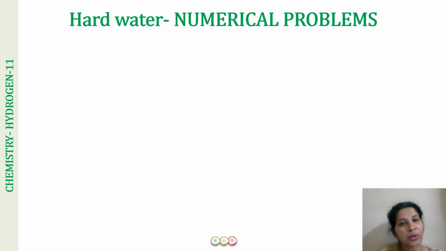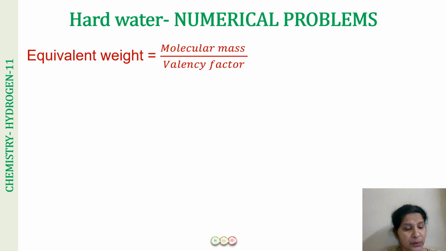But now I'm just quickly putting out all the formulas that are going to be required to do these numericals today. Fine. So we have the equivalent weight, which is equal to molecular mass over the valency factor, that is the Z factor. Equivalent weight, we will write in short as EW.